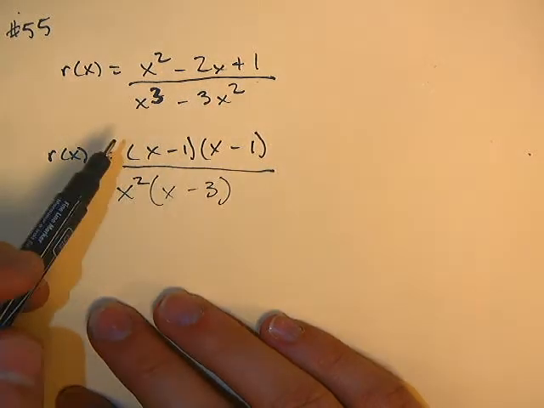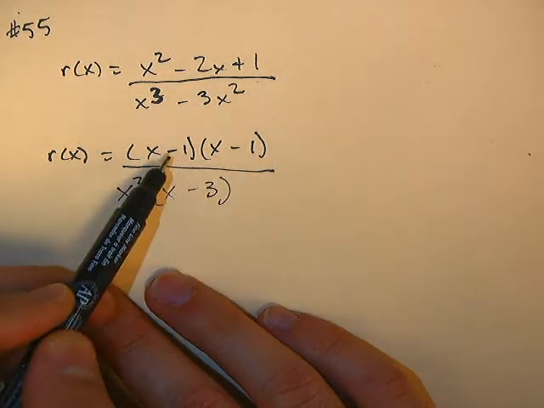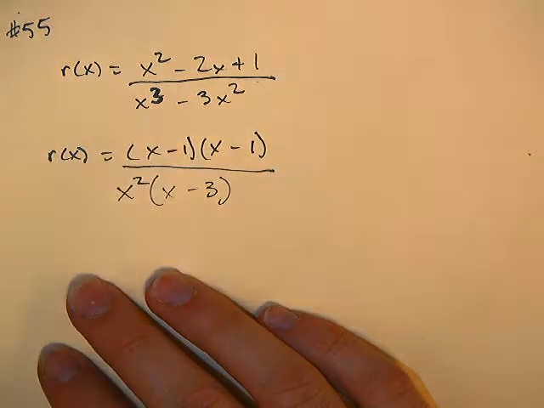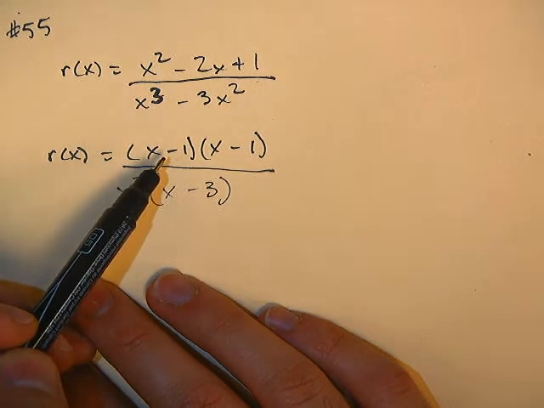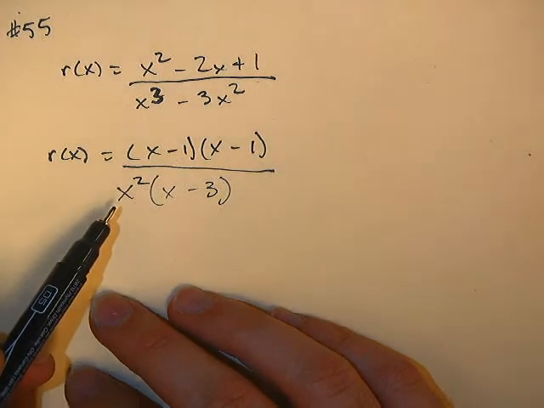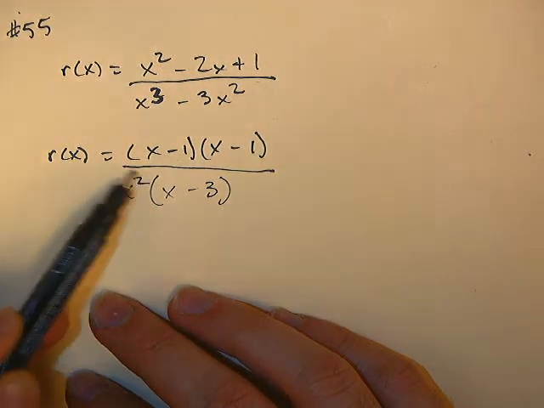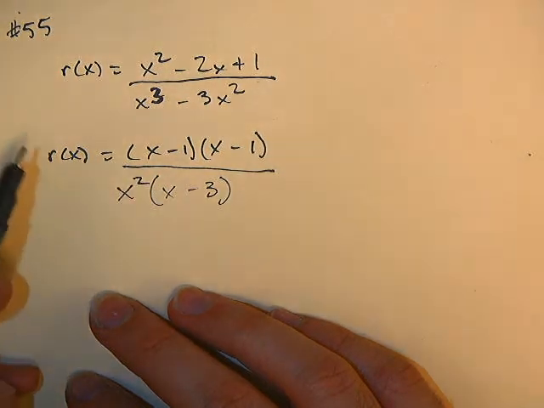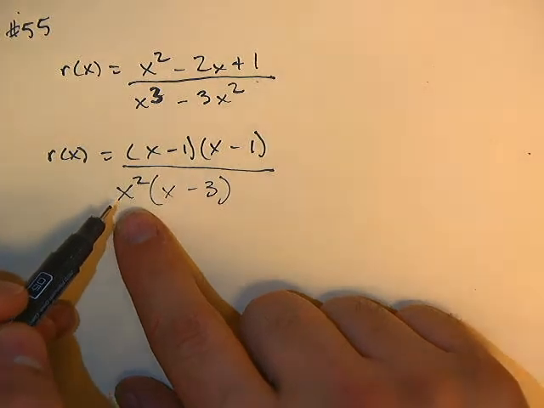So if I look at these here, I notice a couple of things. One is that I have x minus 1 shows up 2 different times. That's called multiplicity. So I know that I have an even multiplicity here at a zero of x equals 1. And if I look in the denominator, I also have multiplicity on this little guy right here. And this is the type of problem that gets a lot of students because it's not really obvious that there's multiplicity here.